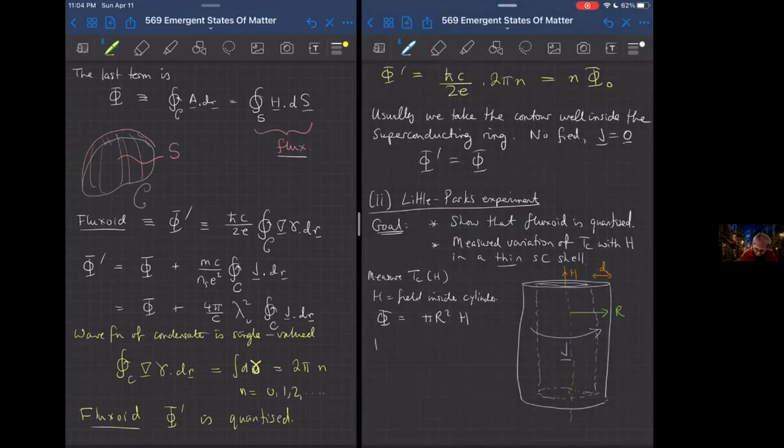So let's suppose I write the current as a number of superconducting electrons times the charge that they carry times their velocity.